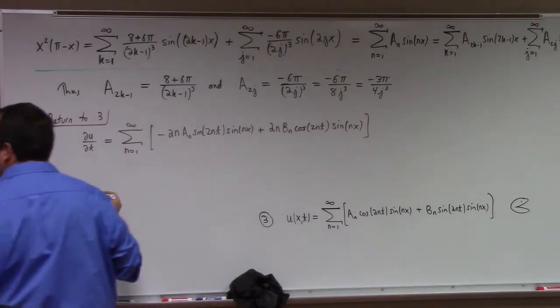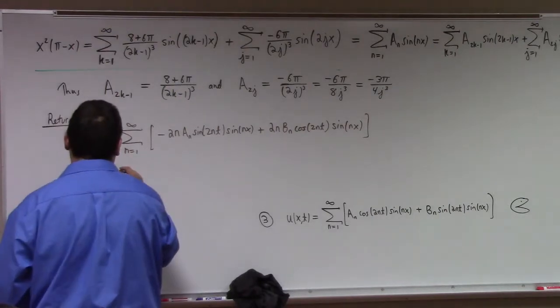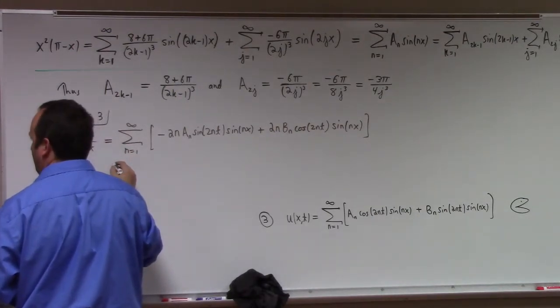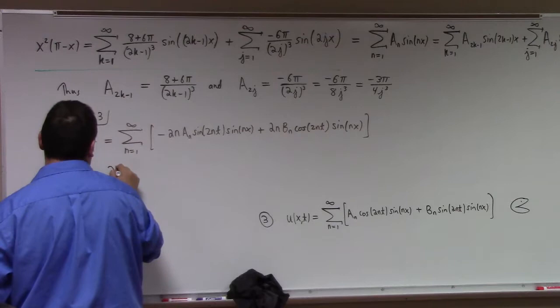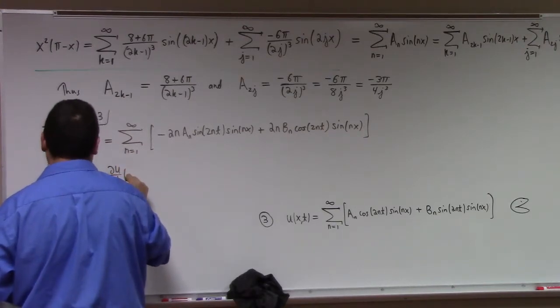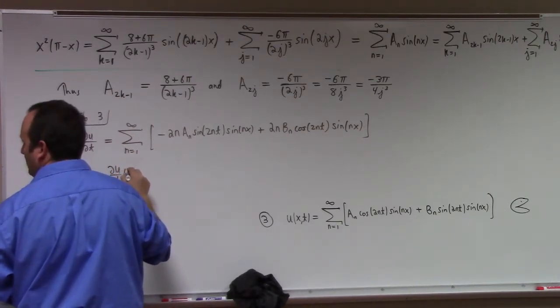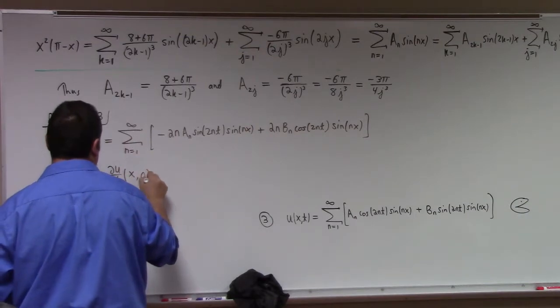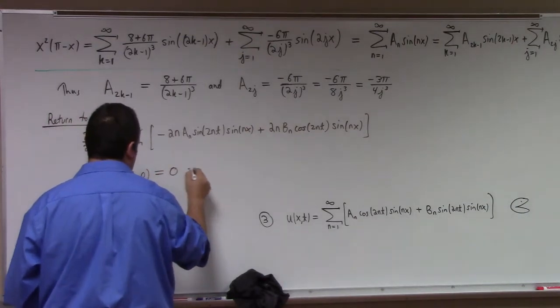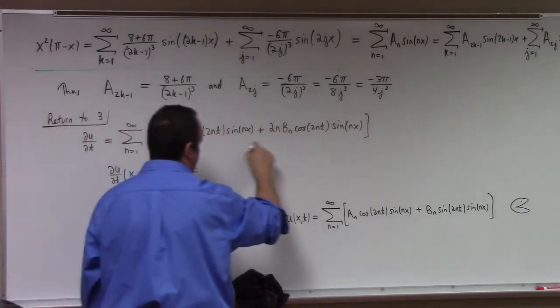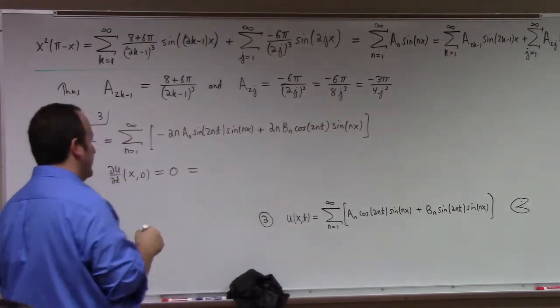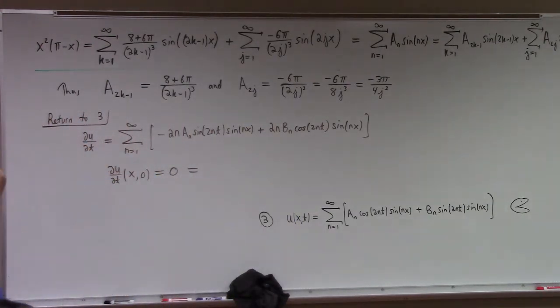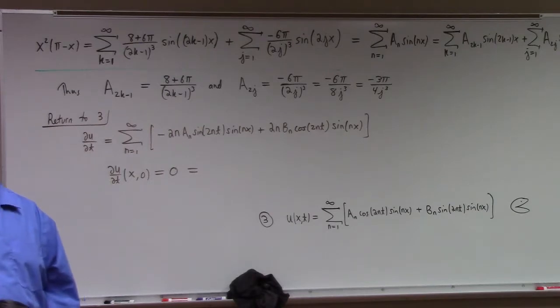Now, thankfully, I am so thankful to see that 0 there. Aren't you? Partial u partial t at x comma 0 is equal to 0, and it's also equal to, well, plug in 0 here, what do you get? When you plug in t equals 0, what happens to that? Well, the a sub n's are gone, but that doesn't bother us.